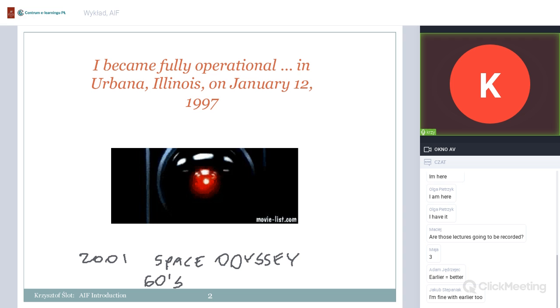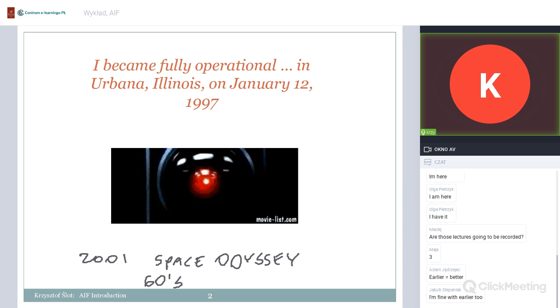And it is interesting because they were trying to predict how artificial intelligence would look in 50 years, or a little bit less than 50 years, from the point they were in.